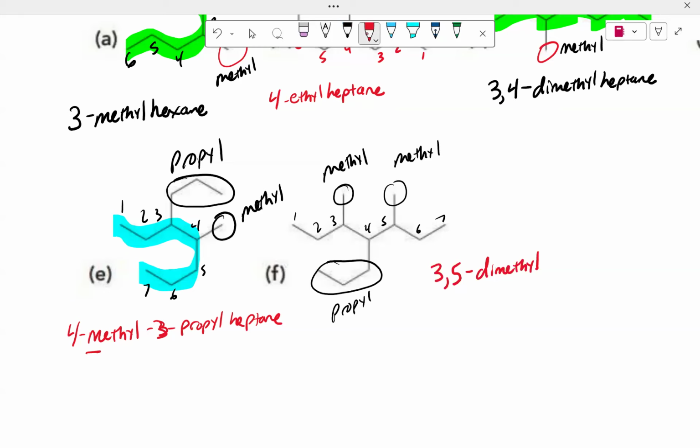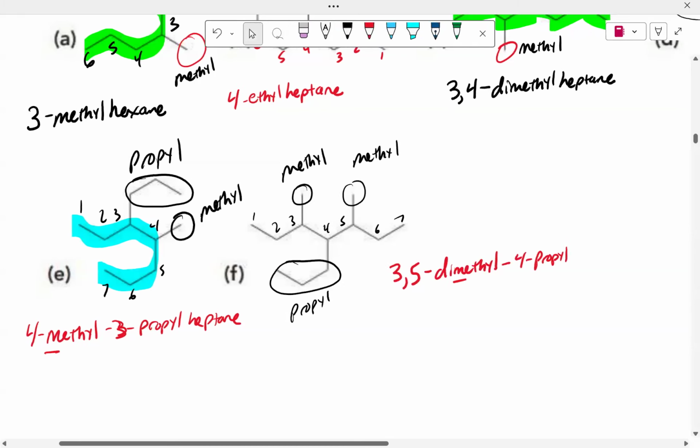It just tells the reader there's two of them. And so we're going to alphabetize based on M. And then 4-propyl. And since there's 7 carbons, the parent name is heptane. I know that looks like a space. Let me fix that. Heptane, no spaces.